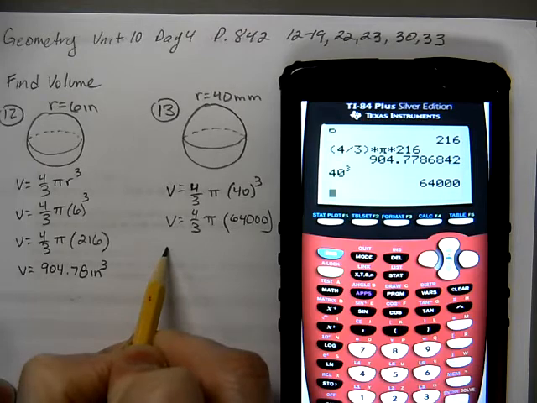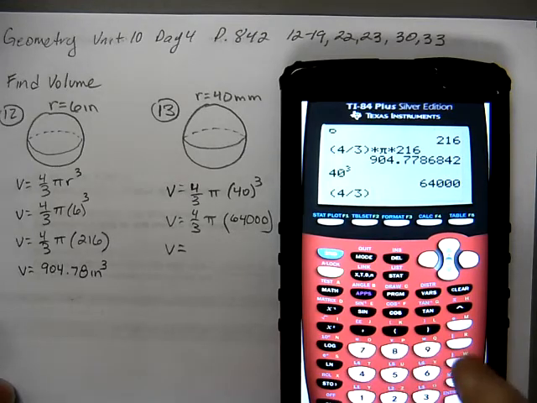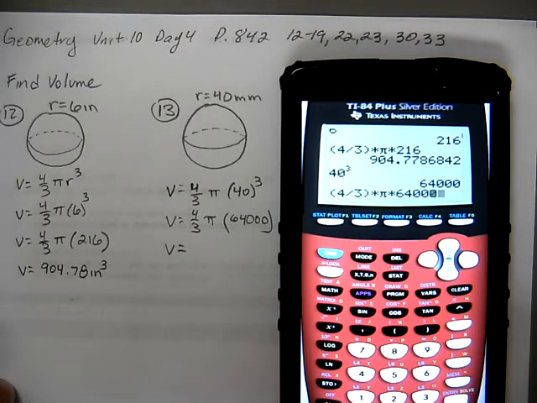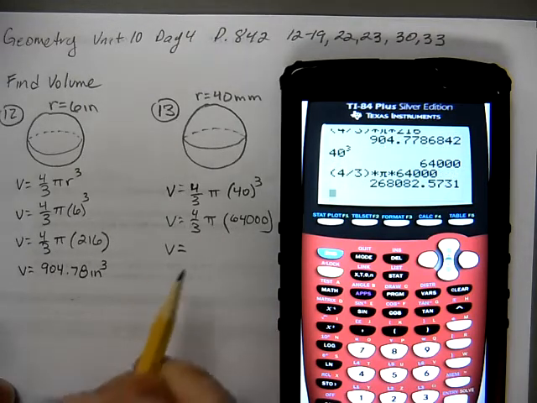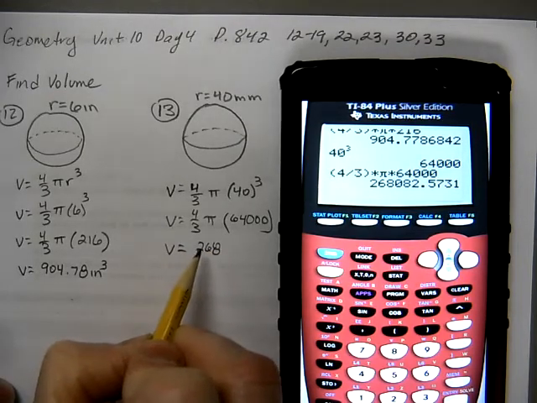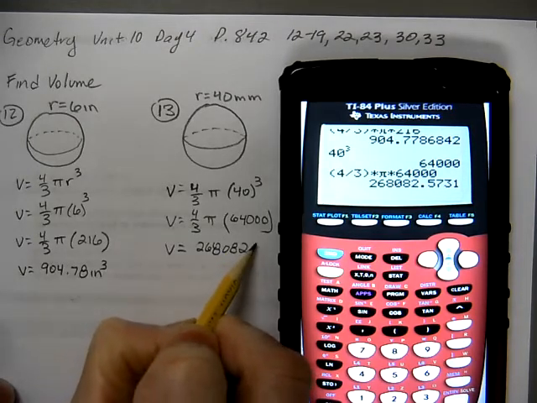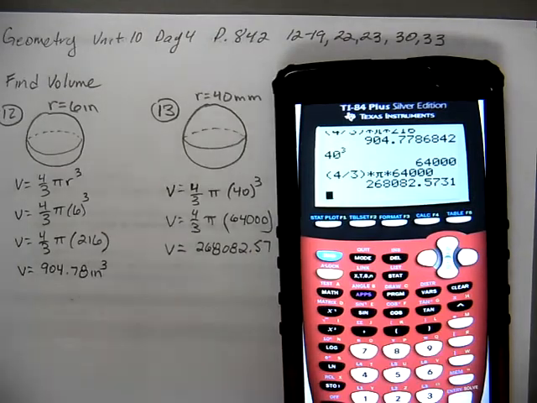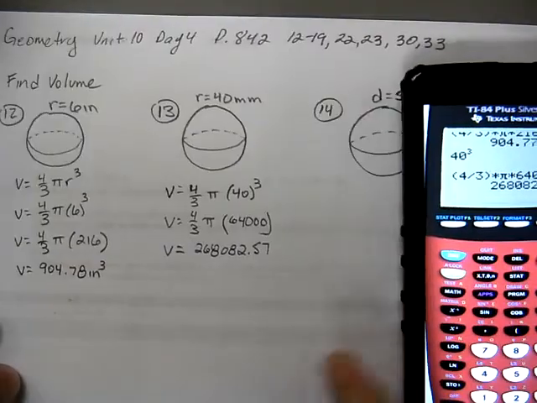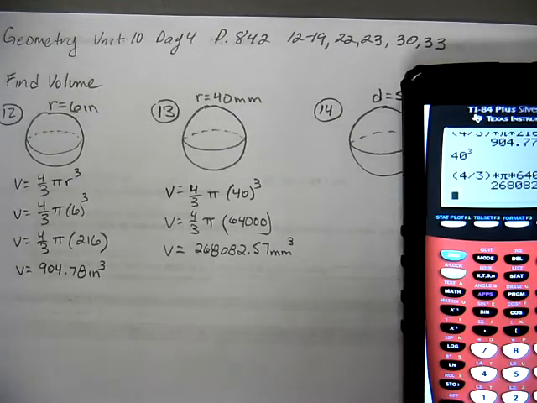We'll type this whole piece right into the calculator. So 4/3 times pi times 64,000 gives us 268,082.57, and those would be millimeters cubed. This is volume. We're filling up the sphere.